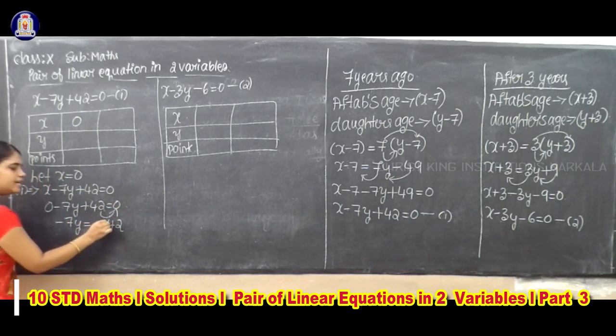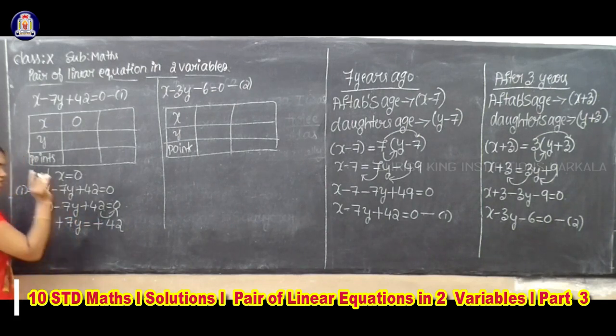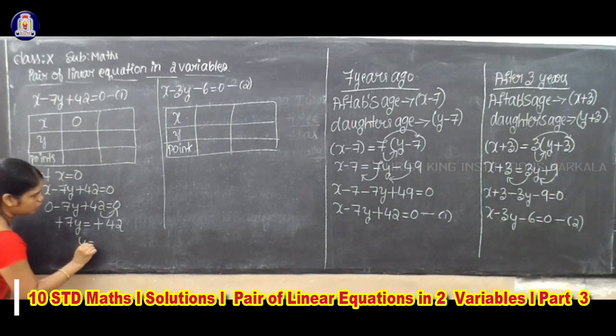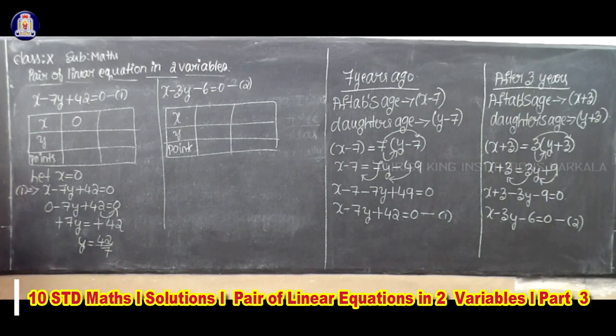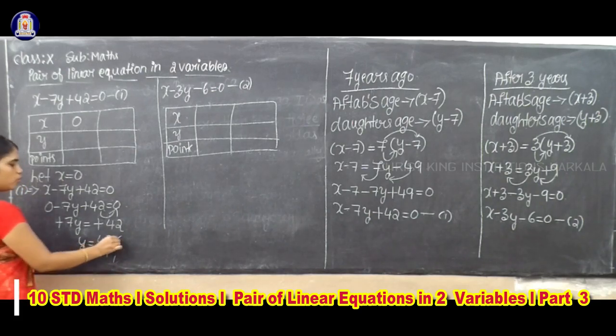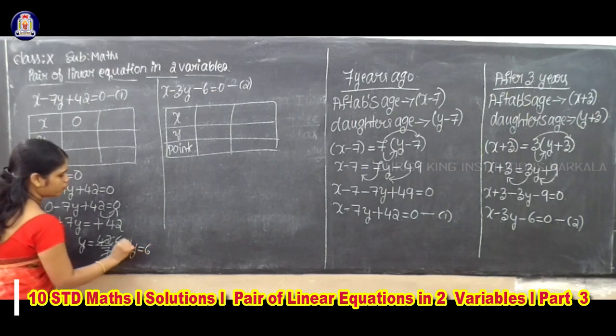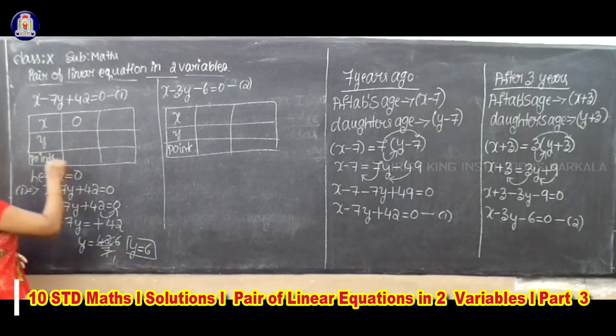So both side minus and minus, so that it will become plus. So therefore y equal to 42 by 7, here the value of y is equal to 6. So first point obtained. So now take the another one.